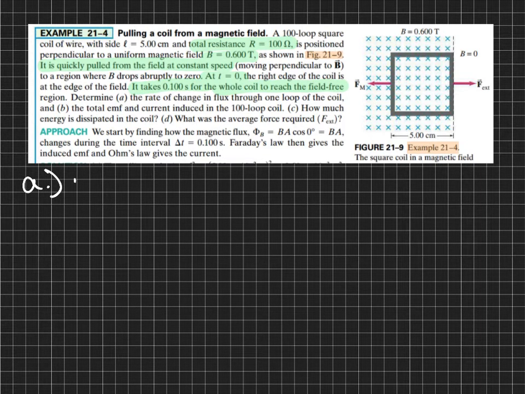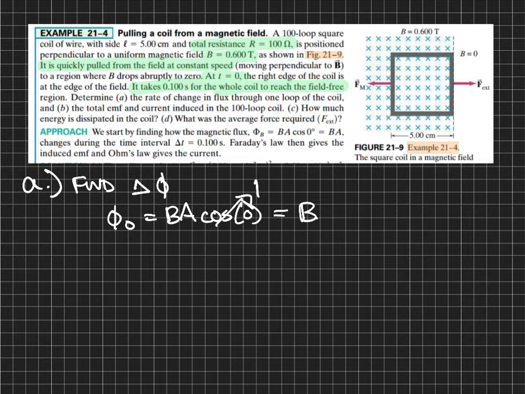So again, in A, we're going to find the change in flux. What we need to understand is that we have two fluxes, an initial flux, which is going to be BA cosine of 0. And so this value goes to 1, and that's just going to be BA.